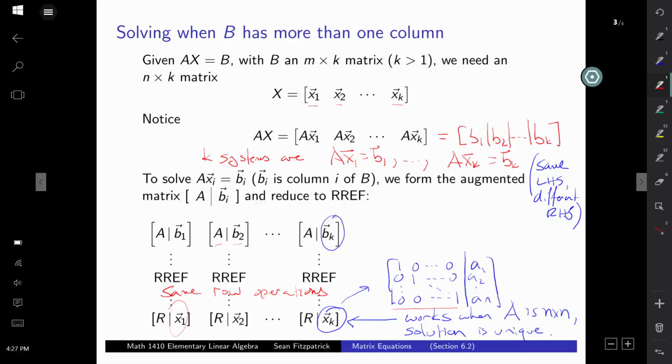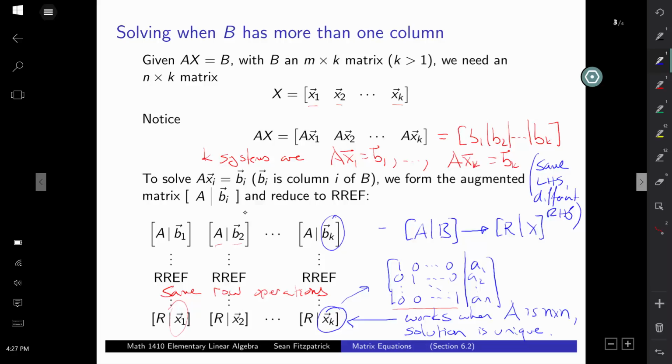Well, rather than doing this a whole bunch of separate times, we just do it all at once. And so the way we solve is we take our matrix A augmented with B, and we try to get this down to the reduced echelon form, and then X on the other side. We try to tackle all of them at once.